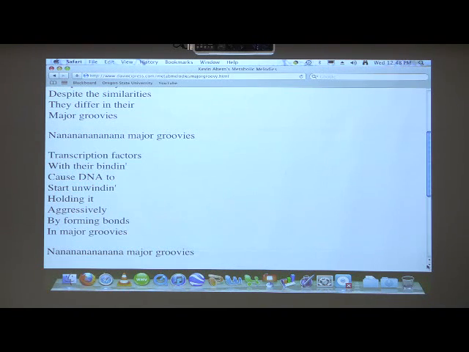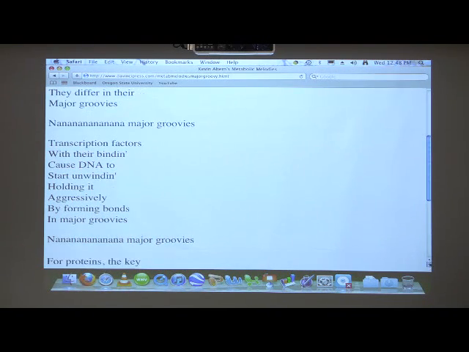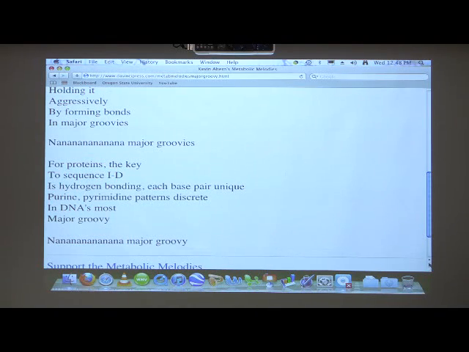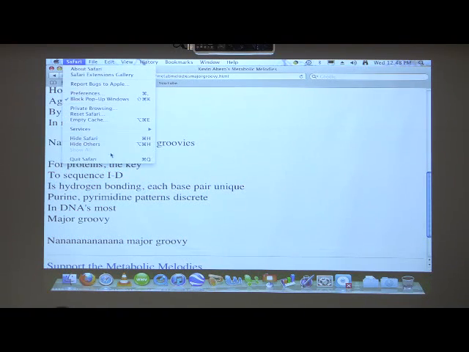Na na na na na na na. Major groovies. For proteins, the key to sequence ID is hydrogen bonding, each base pair unique. Purine, pyrimidine patterns discrete in DNA's most major groovy. Na na na na na na na. Major groovy.